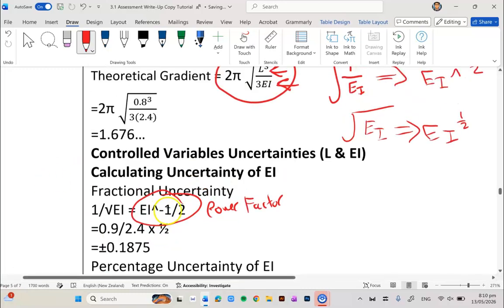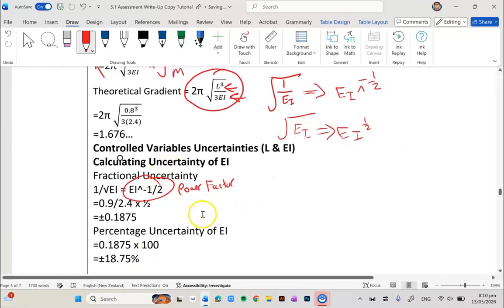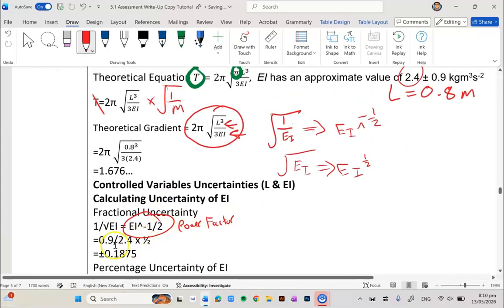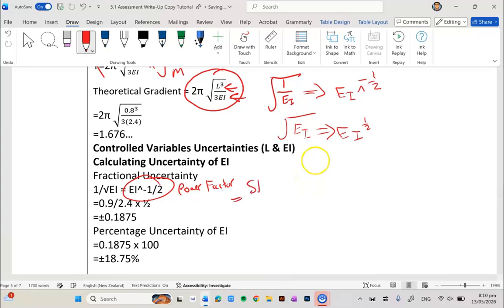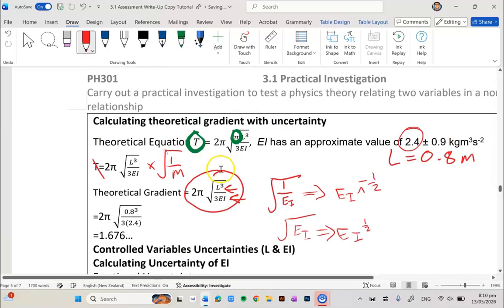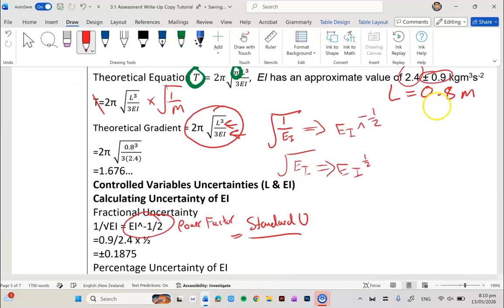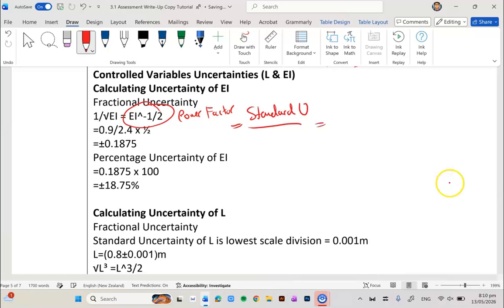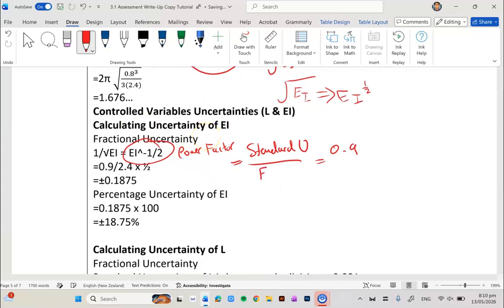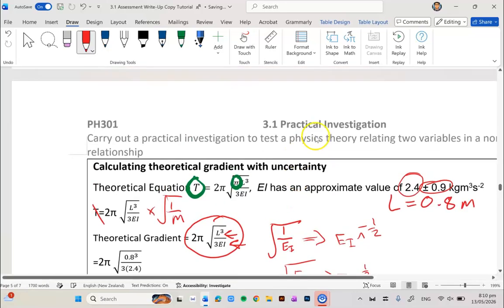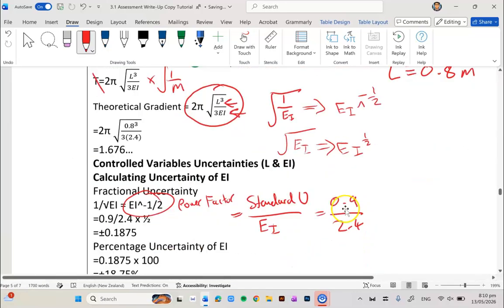So you would take the standard uncertainty that they gave you. See here, 0.9. So I would plug in 0.9, and it's over the actual value of the controlled variable, EI. In that case, it was 2.4, because here it is, 2.4.